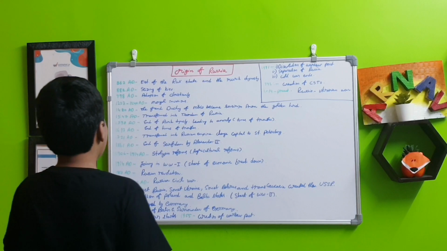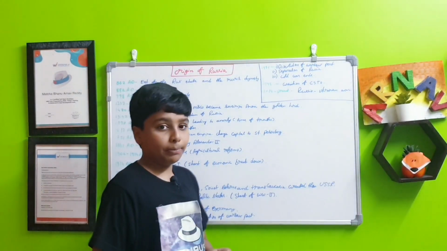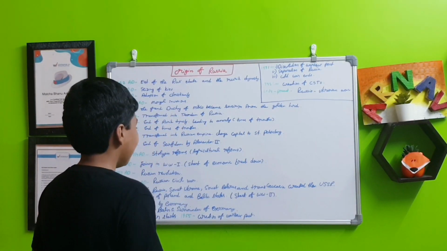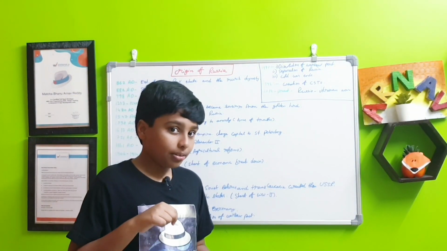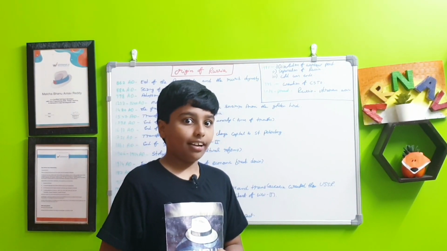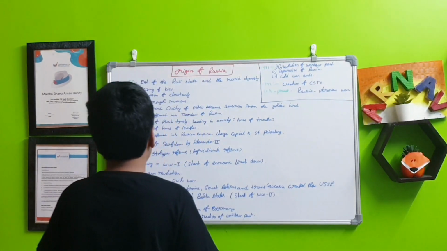So next, in 1914 AD, Russia joined WW1, World War I. With this, the economic breakdown started in Russia. The economy severely broke down.